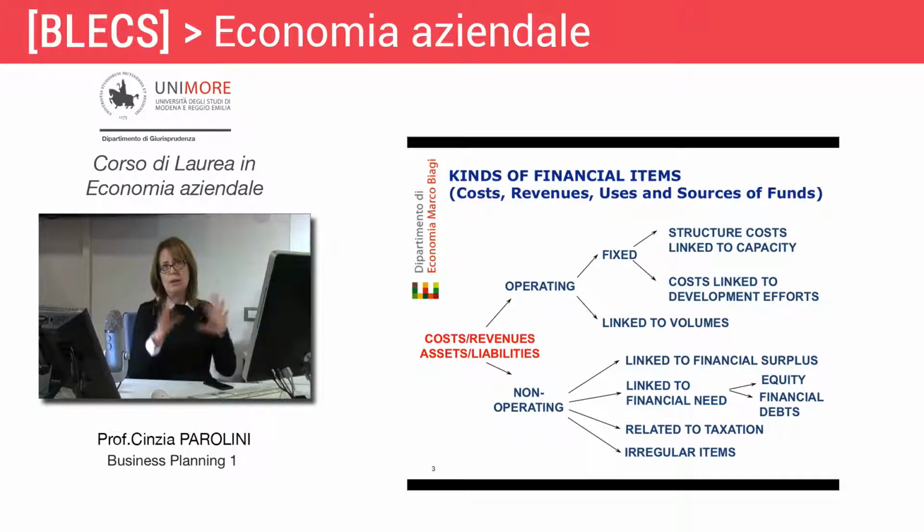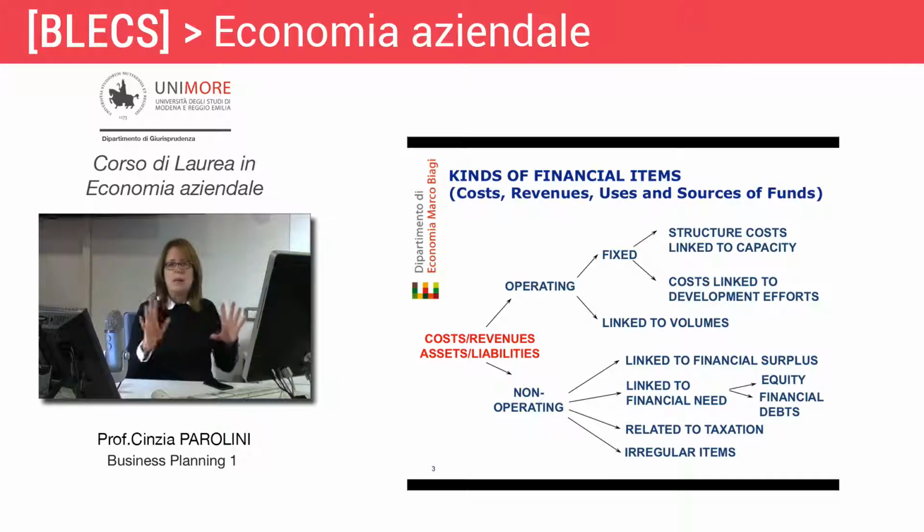Just to give a complete picture, only in the income statement we may also have the so-called irregular items, for example, non-recurring costs, exceptional costs we may have in a given year. I will not spend time covering those items, as in a financial forecast those items are very rare. So I don't think it's useful to lose time for those.